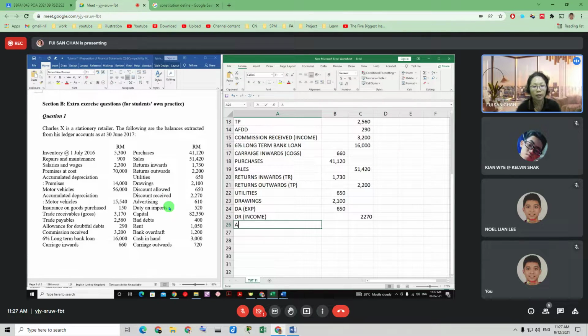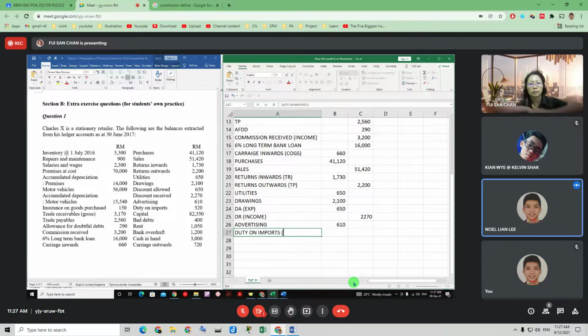Okay, advertising. Debit. Advertising is actually an expense, so it's on the debit. How about duty on imports? Debit or credit? Debit.